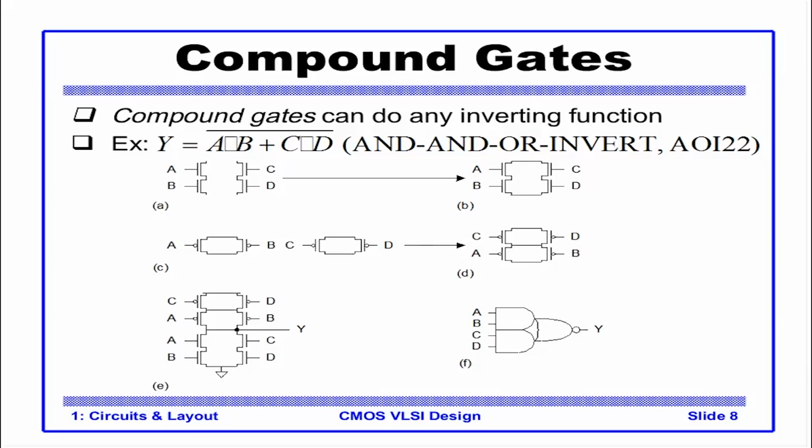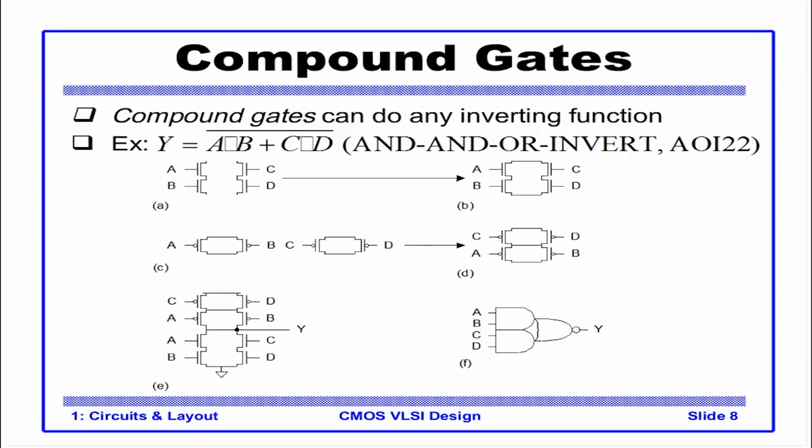So let's look at figure E. In figure E, we see that A and B are in series, since A dot B means A and B are in series. Similarly, C dot D means C and D are in series. A plus sign means an OR of both. So here A dot B and C dot D are in parallel, and this is the pull-down, connected to 1.